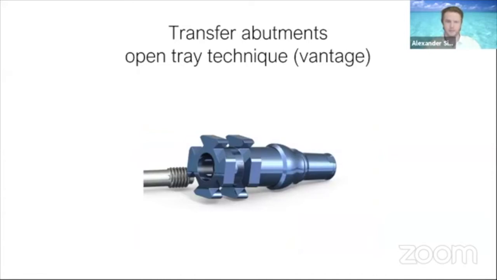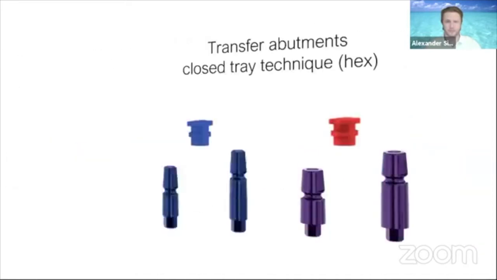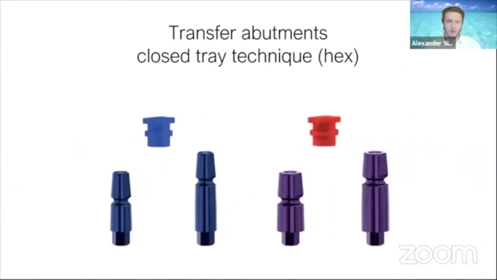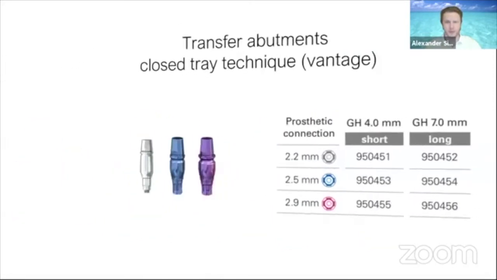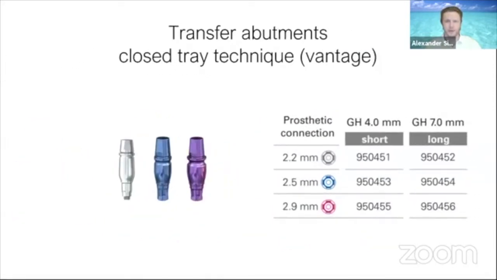The second way, we can make our impression with the closed tray technique, and for that we need a transfer abutment for the closed tray technique. On the screen, you can see abutments for the hexagon platform and also for the Vantage conical platform.